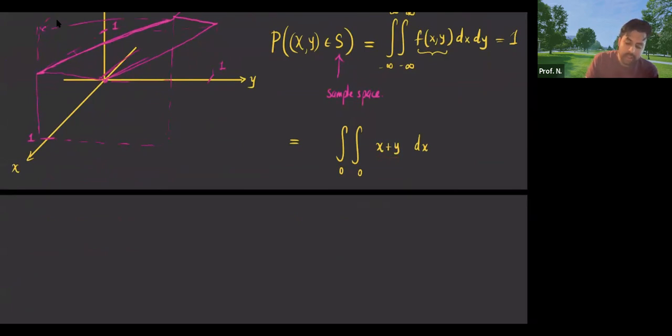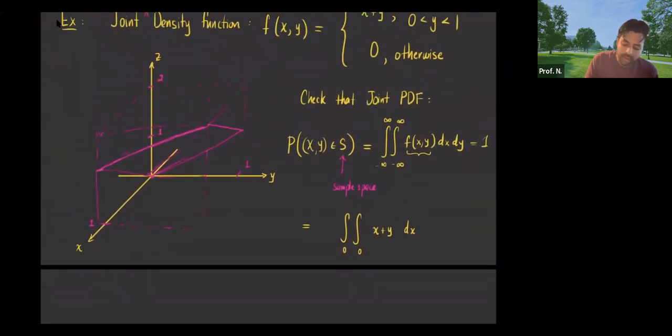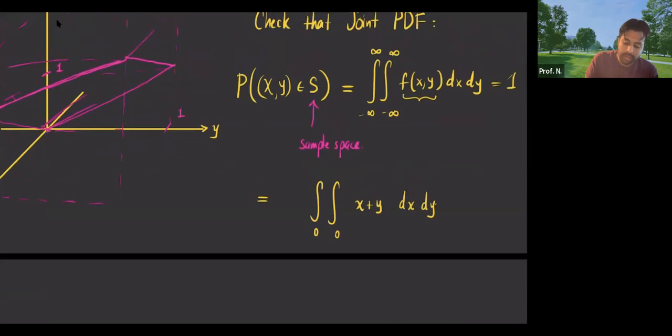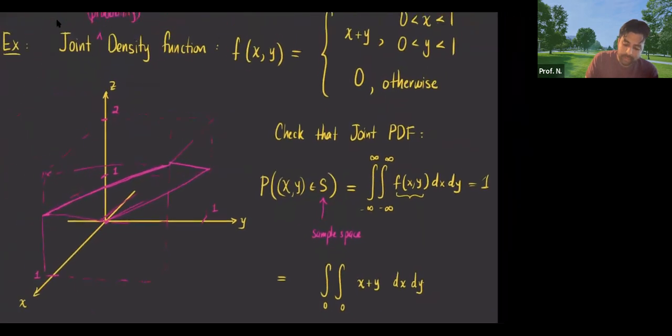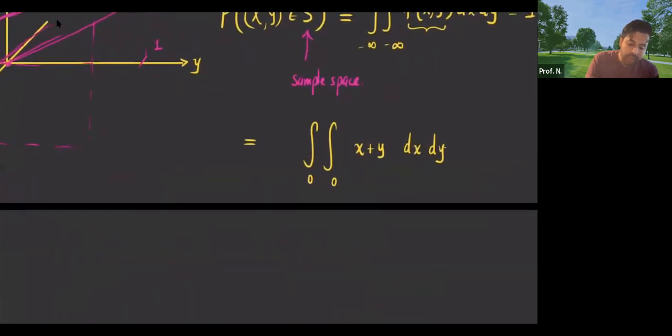So how do we account for that? This might seem a little strange at first. The notation here should be 0 to 1. Yeah, I think that's fine.